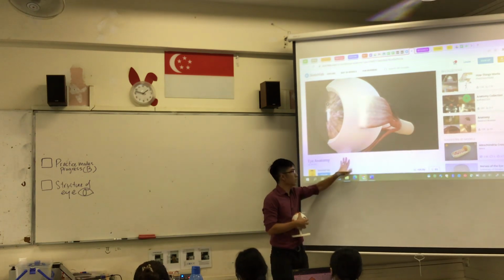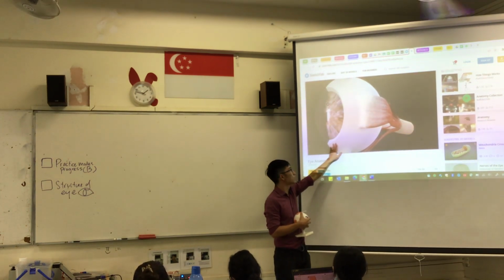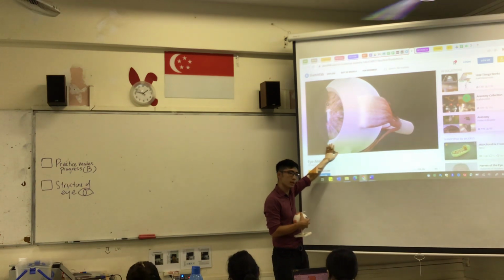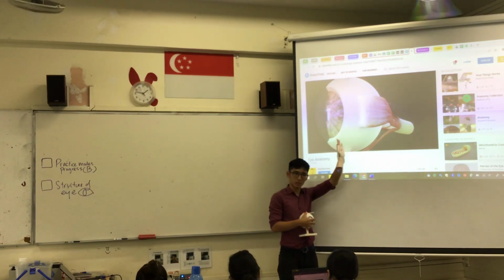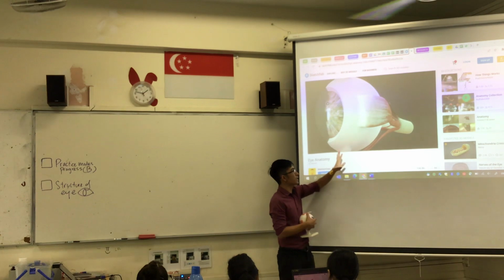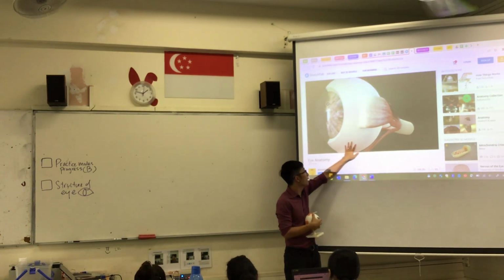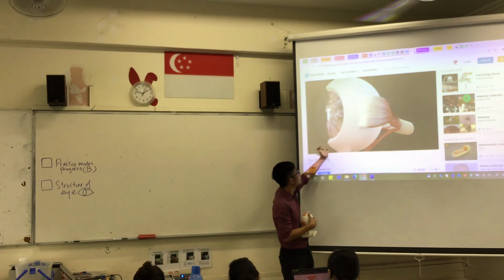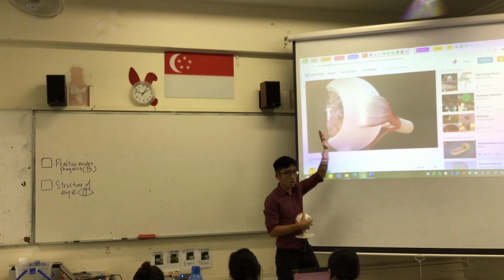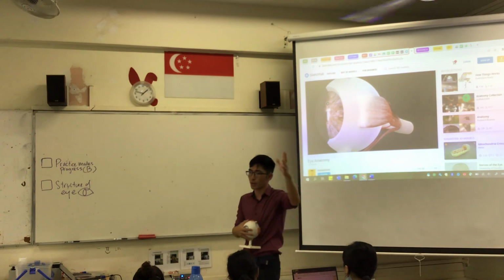So the eyeball is mostly opaque and white, but at this juncture onwards, it becomes transparent. I say again, the eyeball is mostly opaque and white, no light can go in elsewhere. But at this juncture, it becomes transparent, and that transparent layer is the cornea.